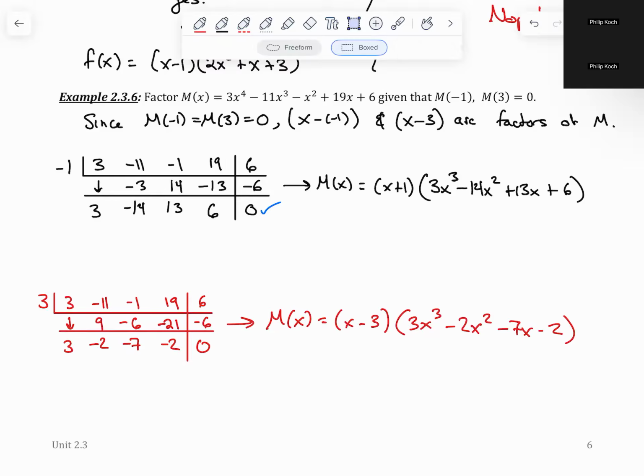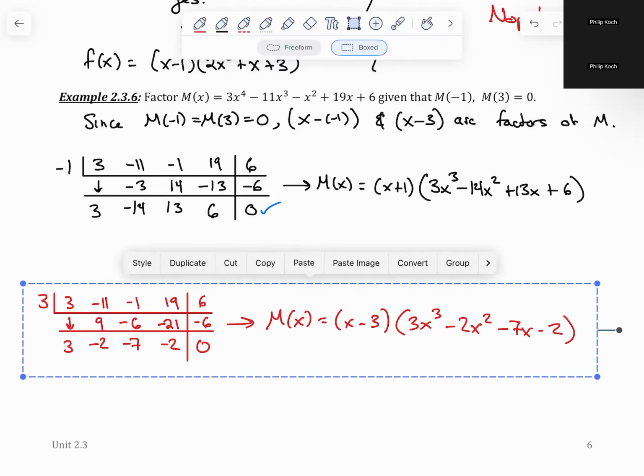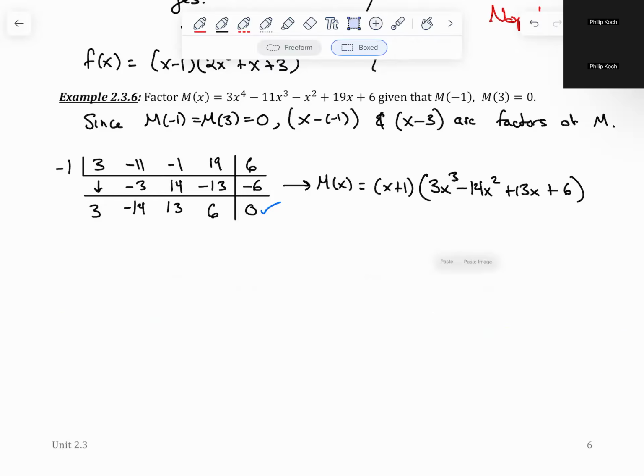So the trick is that this, up above, is an unfactored way to write m: 3x to the fourth minus 11x cubed minus x squared plus 19x plus 6. And what we just found was a factored version of it, not a completely factored version, but a factored version.